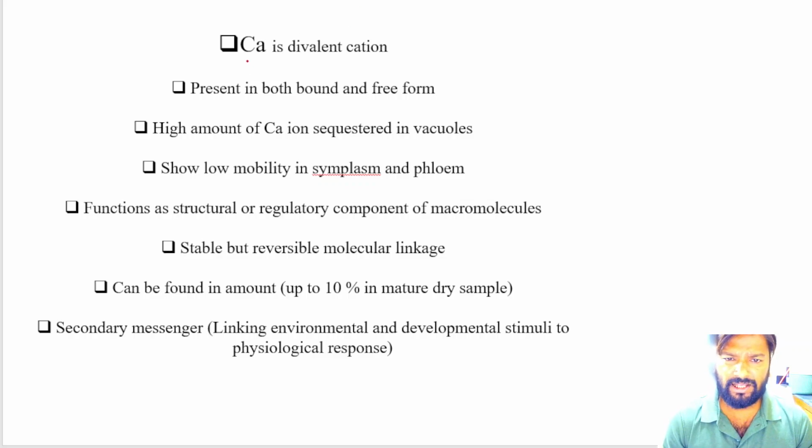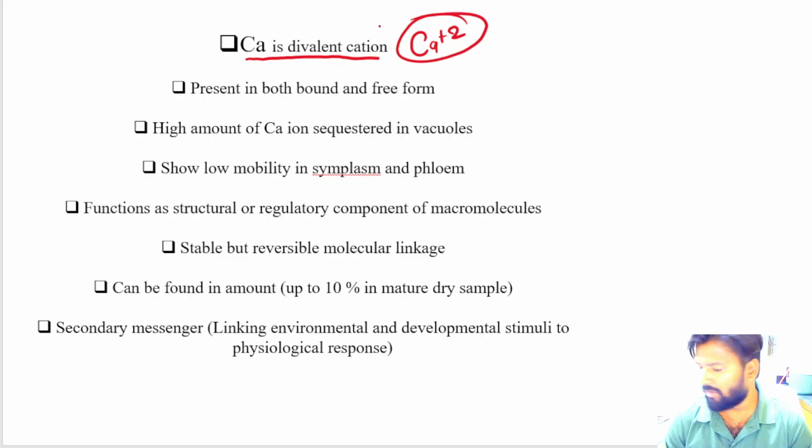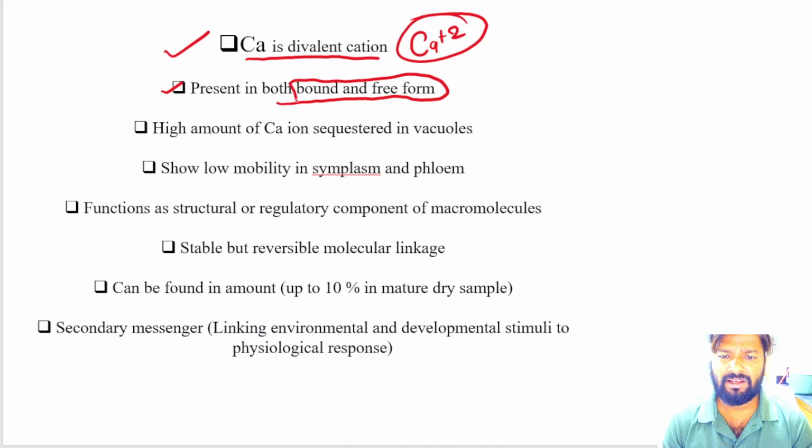So as we know, calcium is a divalent cation. So it is present in the calcium plus 2 form. Second point is that calcium is present in both bound and free form. Means it is present in the free form like calcium ions.